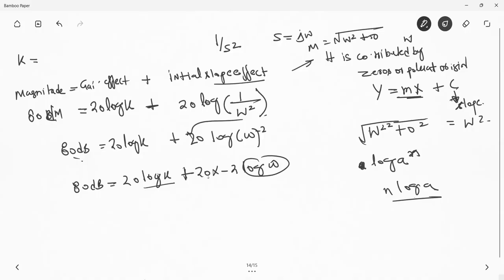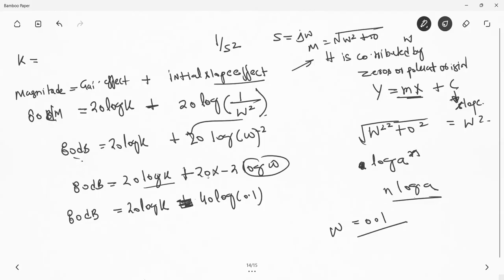If you put the value there, omega, see, the initial slope in the graph is at 0.1, right? So now you just put 80 dB is equal to 20 log k, and this would be minus 40 into log of 0.1.